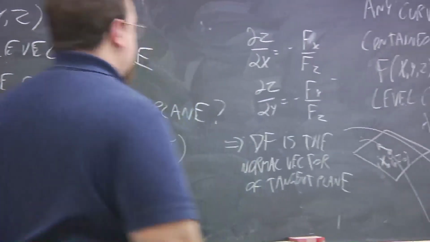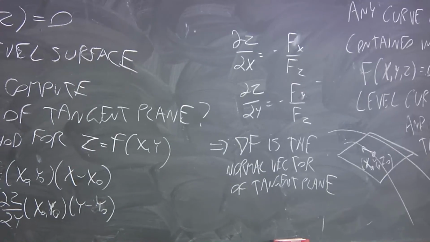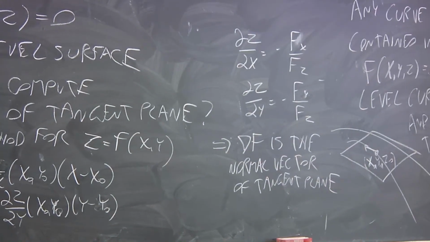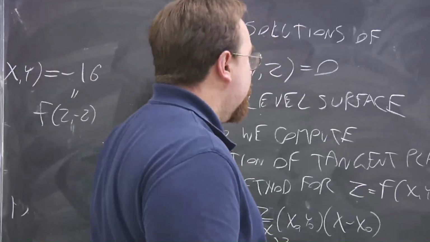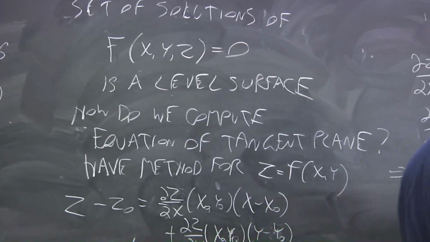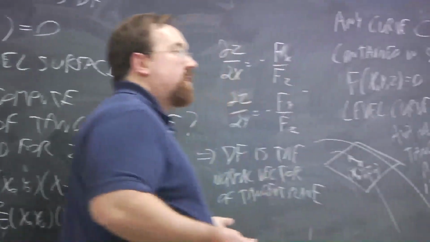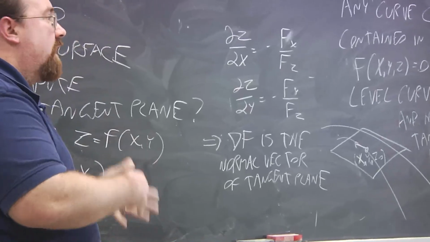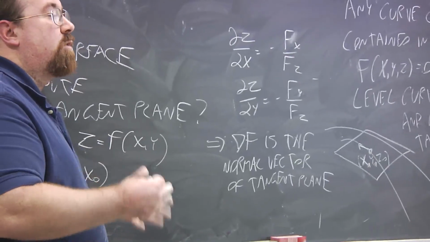Okay. So because we're dealing with a level surface full of level curves passing through this point, this gradient vector, since it's orthogonal to level curves, must be orthogonal to every direction in the tangent plane. It's orthogonal to the entire plane.